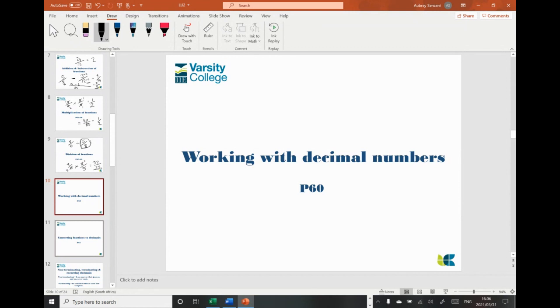Okay, so page 60. Working with decimals. There you can see it's actually page 61. There you see: convert the following fractions into decimals.